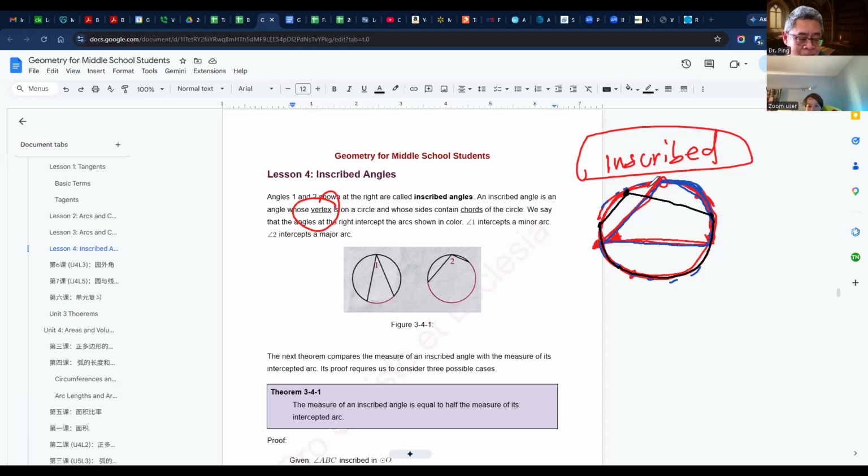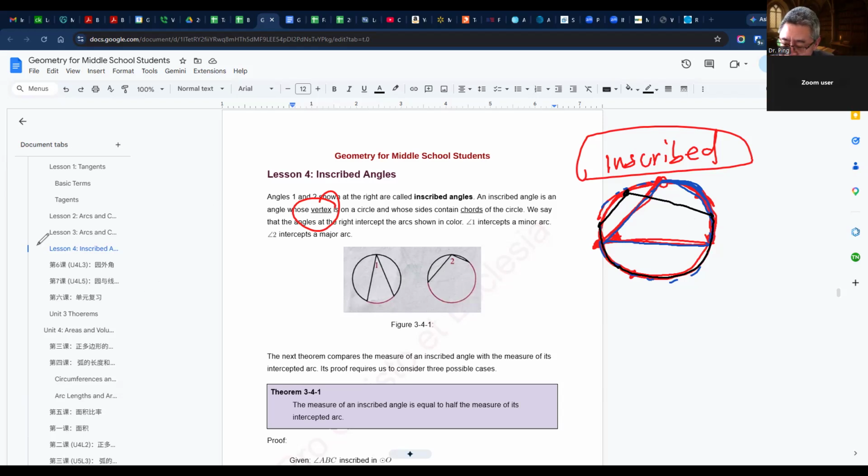So we get two kinds of that. And if we want to be really accurate, there is one more type of inscribed angle, which is 90 degrees. So the angle is either less than 90 degrees, greater than 90 degrees, or equal to 90.